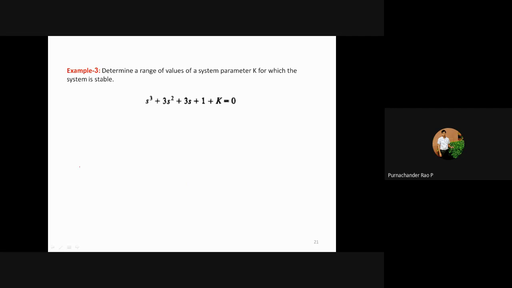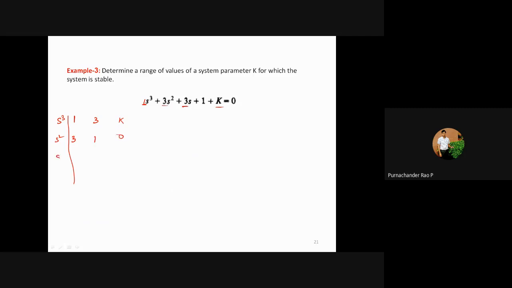Okay, so here again I will consider this. Now this is S cube, S square, so the S cube coefficient is 1 and the other term is 3. This is K, so 1. Okay, this is 3, this is K. Then next this is 3, next 1, 0.